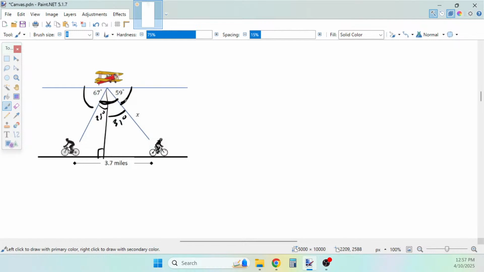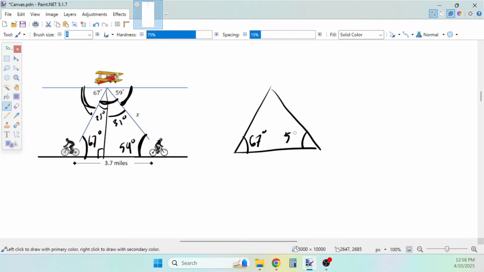We also know that if this is 59, this is also 59, and this one is 67, by the alternate interior angles. So our triangle looks like this: 67, this is 59, and this one is 54. Let's make sure that adds up correctly. 54 plus 59 is 113, plus 67 gets 180.